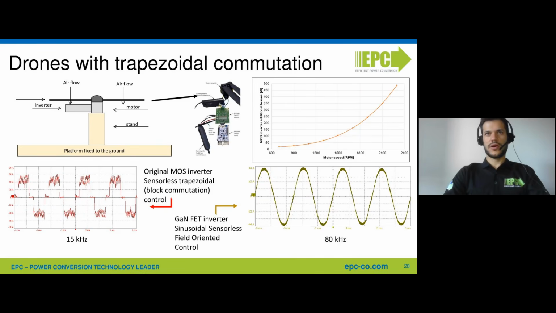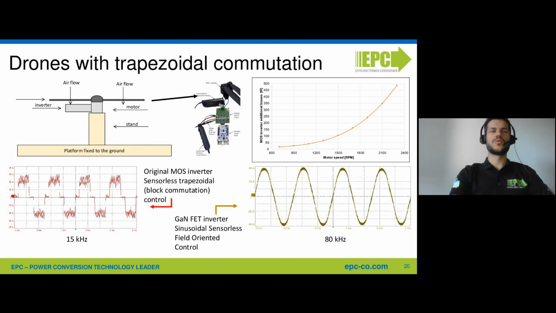So on the x-axis, it's reported the motor speed, while on the y-axis, it's reported the extra power which is required by the MOSFET inverter. Just to give you a couple of numbers, in the highest part of the graph, so above 2000 RPM, the order of magnitude of the power delivered to the motor is 2 to 3 kilowatts.